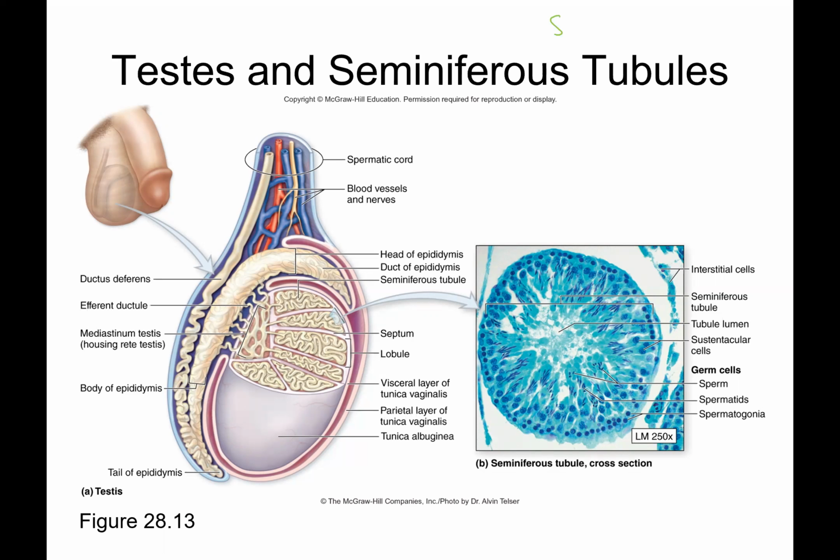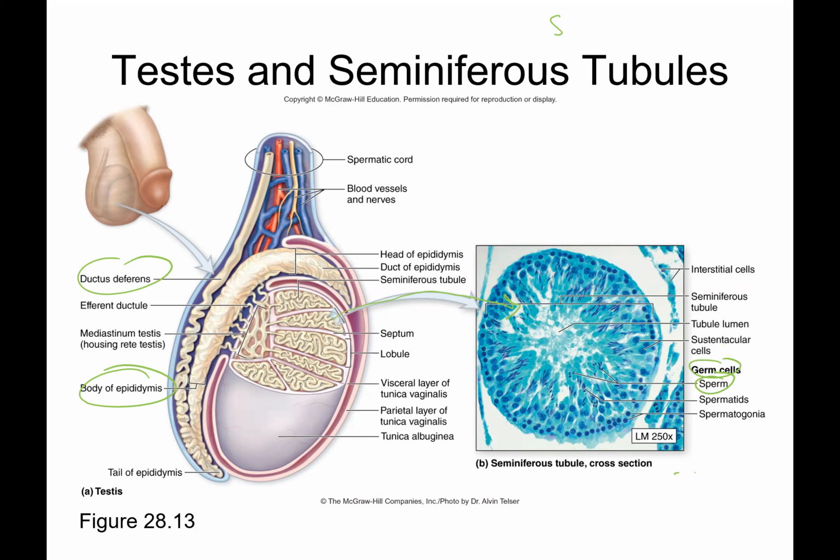Okay, so some anatomy, inside anatomy of the testes. Here's the ductus deferens. The epididymis. Once we get inside of the lobule, you can see the germ cells where the sperm is made.